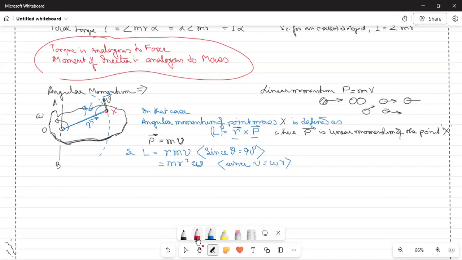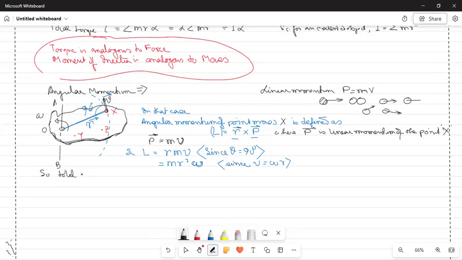Now, if you consider all these points, X, another point Y, another point Z, whatever point, then what will be the total momentum of all such points?